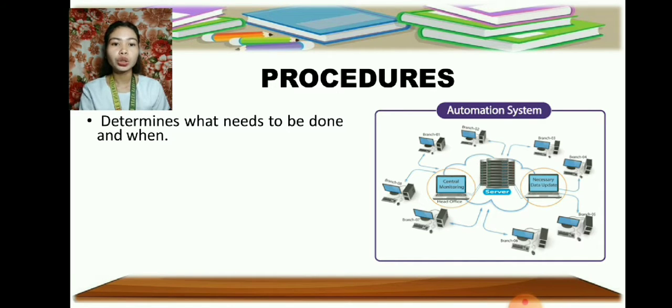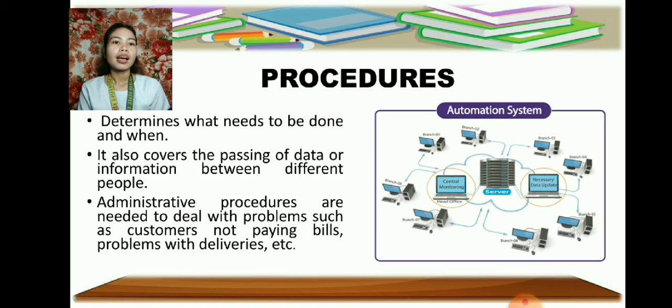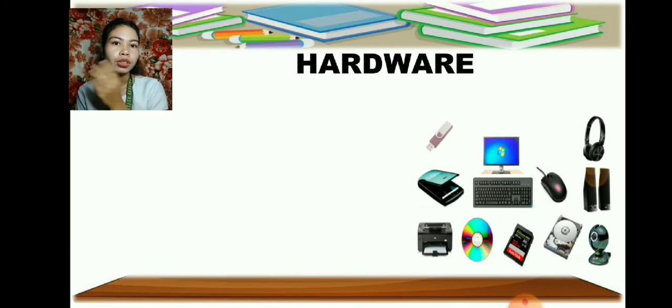Procedure is the series of actions conducted in a certain order to make sure the system runs smoothly. Procedure also covers the passing of data or information between different people. Administrative procedures are needed to deal with problems such as customers not paying bills, problems with deliveries, and so on.